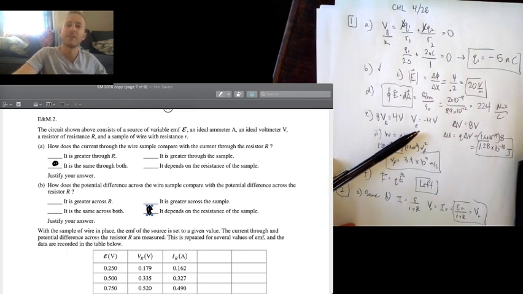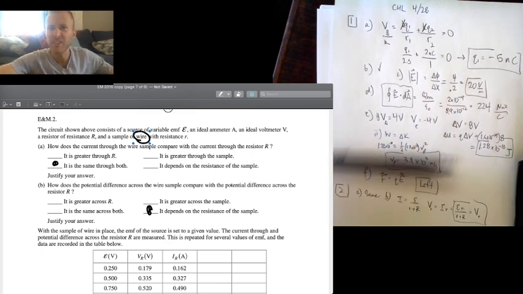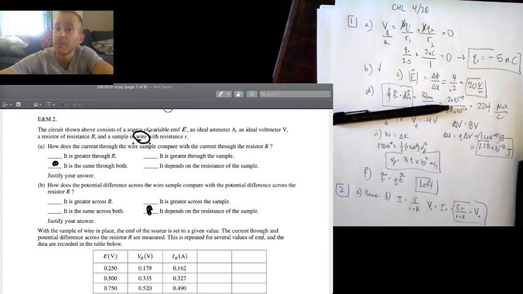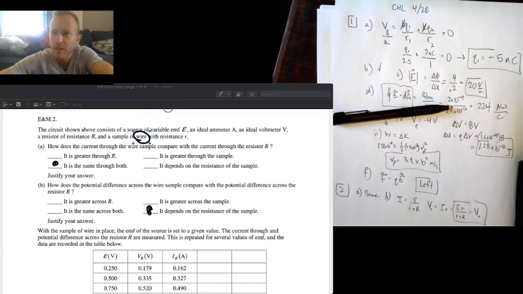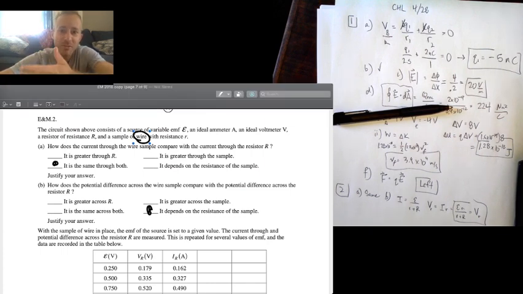But the fact that it says it's a wire indicates that it probably has a very small resistance, but it doesn't explicitly say that it's smaller. So if the wire does indeed, as we would expect, have a really small resistance, then it would be greater across big R. So I think there's two right answers depending on what assumptions you make.